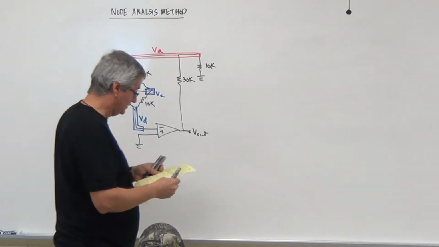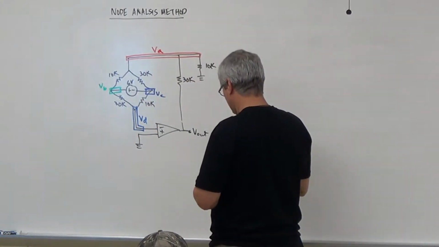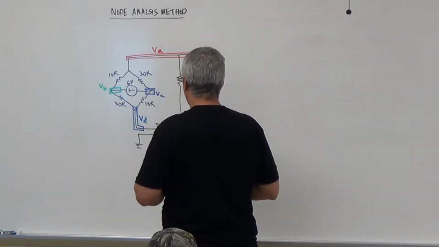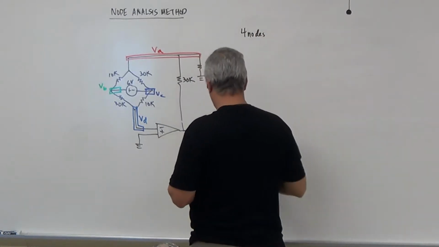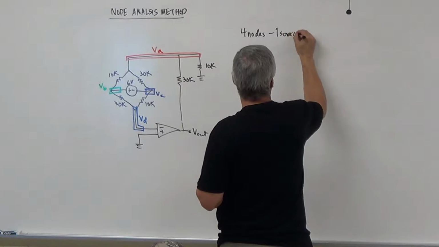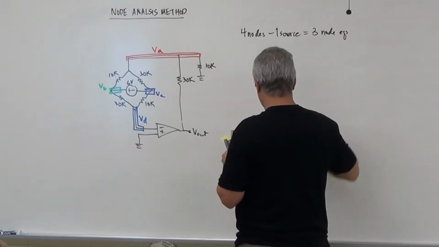So what I'm going to do here is I count, what, 1, 2, 3, 4. So I have 4 nodes, and then I have 1 source, so that gives me 3 node equations.